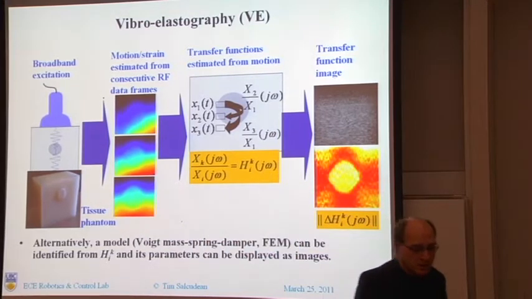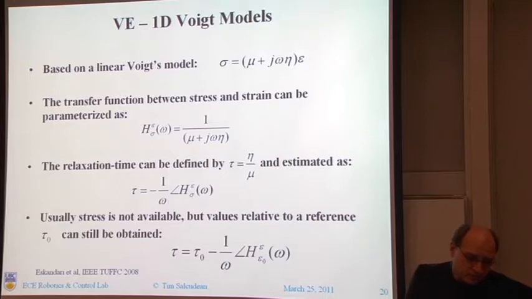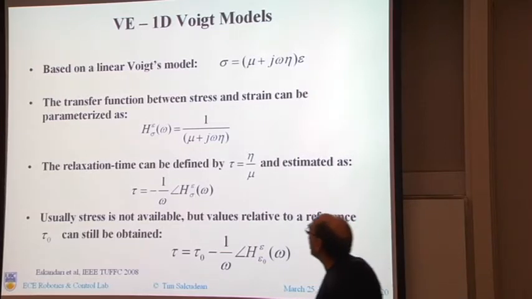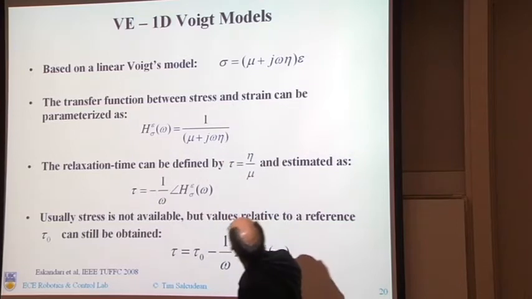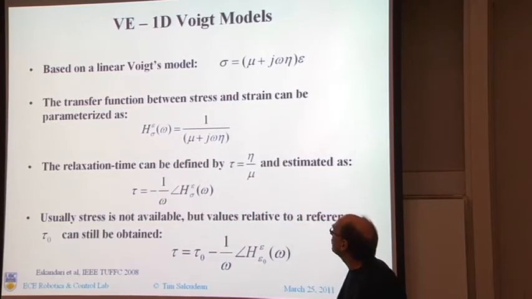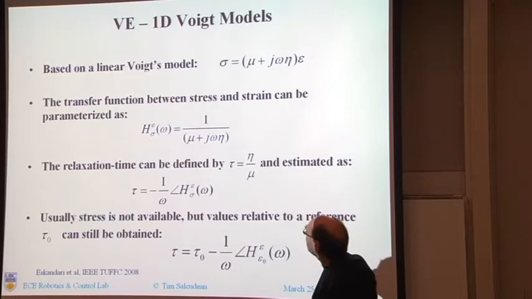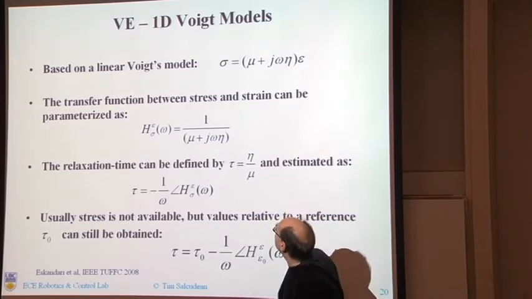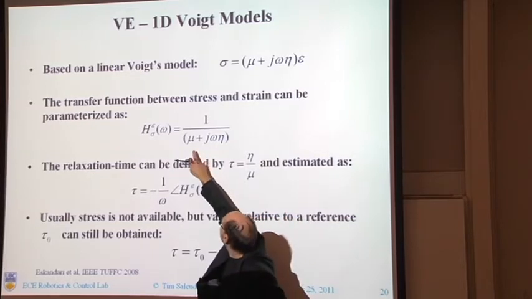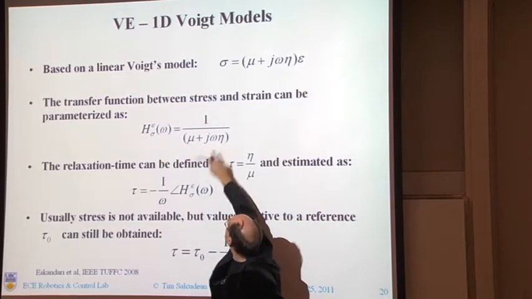Alternatively, we can identify the specifics of that transfer function using a Voigt model between stress and strain. You can define not only an elasticity, but also a time constant, where you make this into 1 plus j omega tau.